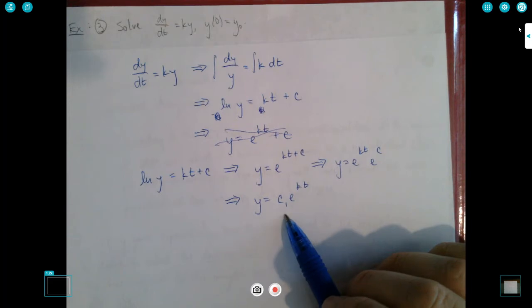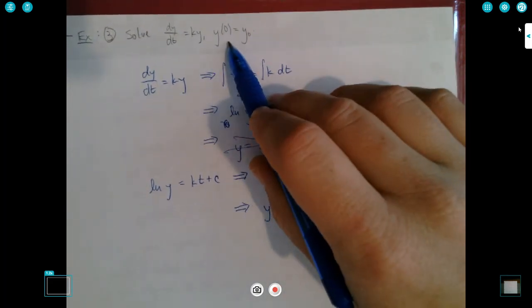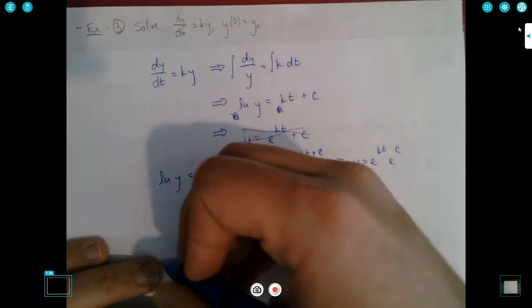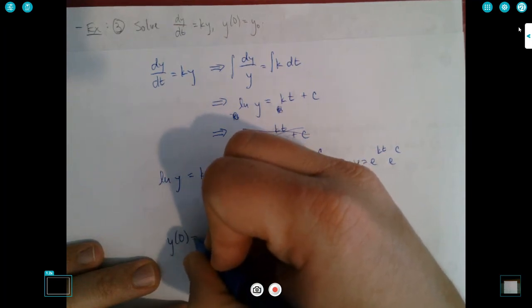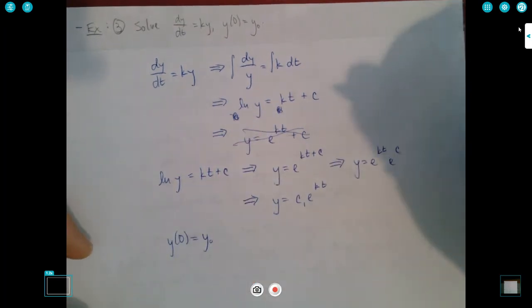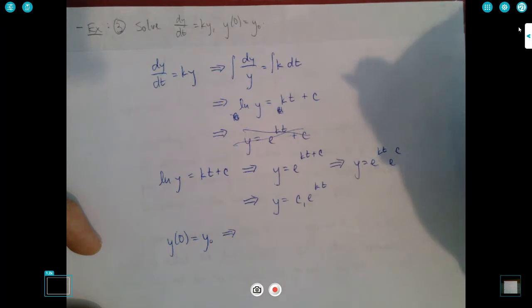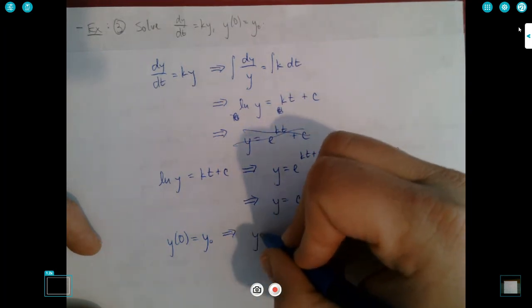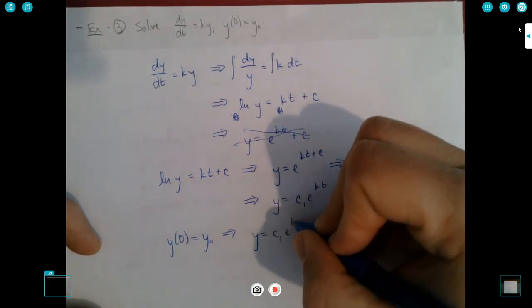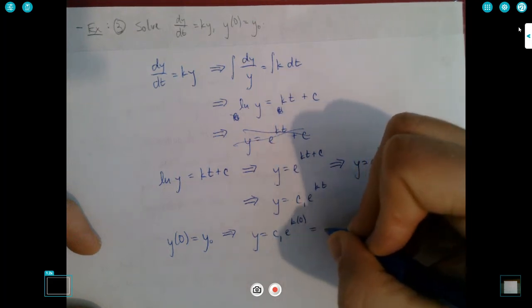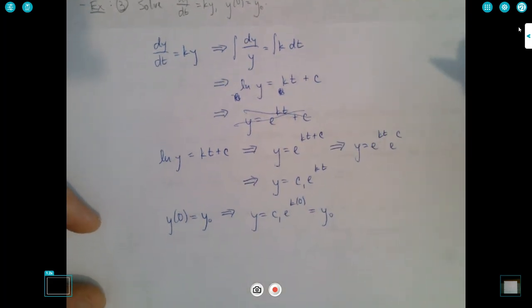Now we can solve for that constant using this initial condition, right? We can say, well, if y of 0 equals y naught, then y equals c1 times e to the k times 0 should equal y naught.